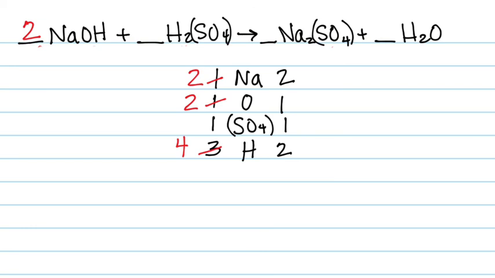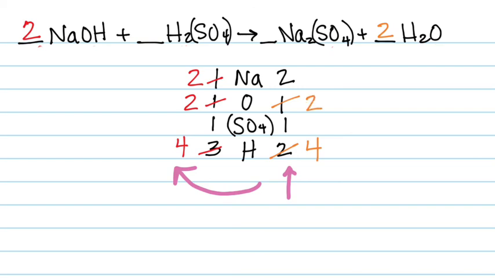Now, the only thing out of balance is the hydrogen. On the right side, we are trying to bump it up. Well, I want to get it to match this 4. So if I put a 2 in front of water, that does give me 4 hydrogens, but now it changed. Oh, I didn't notice it. Oxygen's out of balance too, but that gives me 2 oxygens.